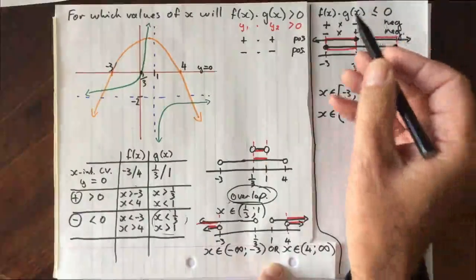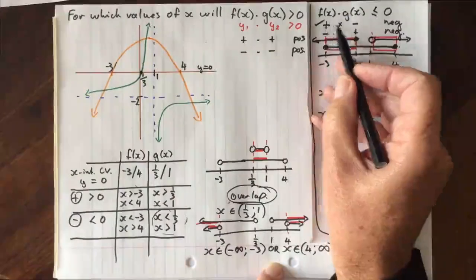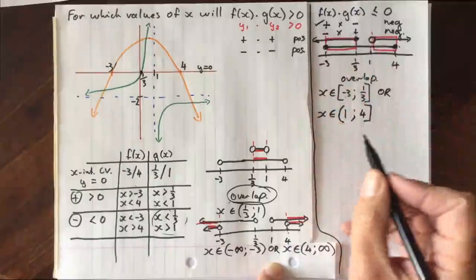Let's check the other side now. So we have done f positive, g negative, and we're going to swing it around now.